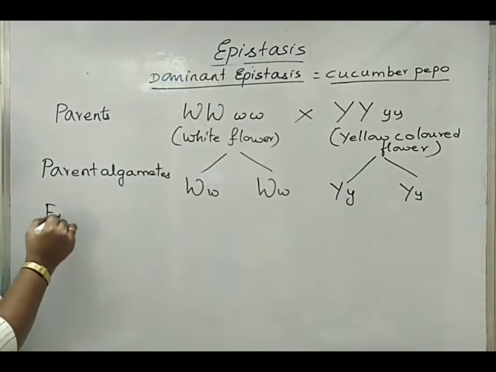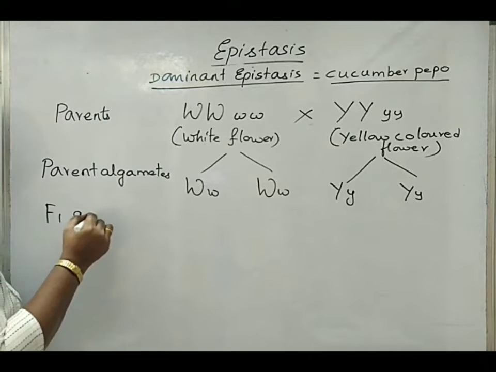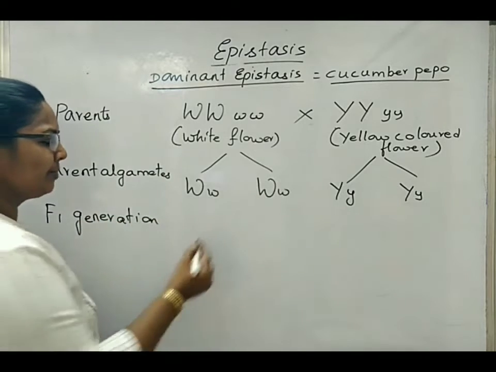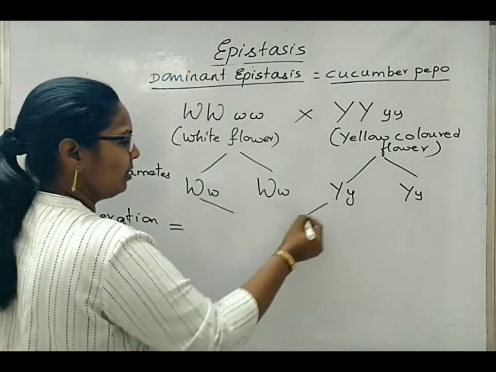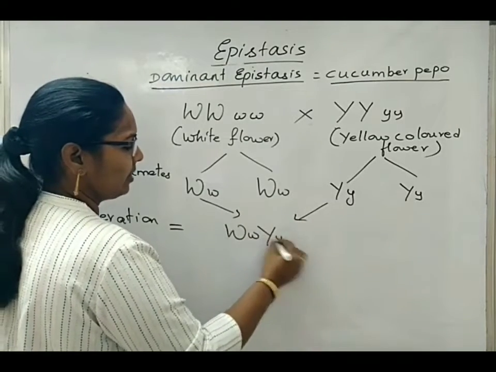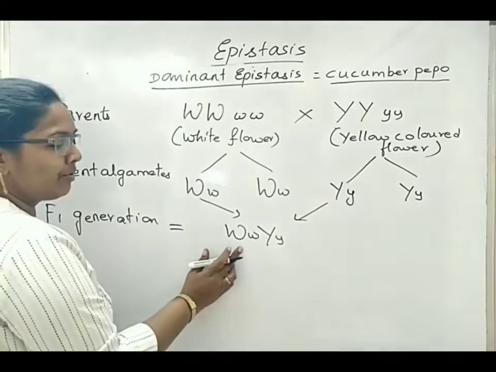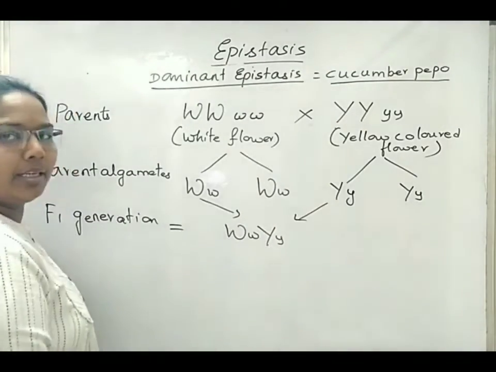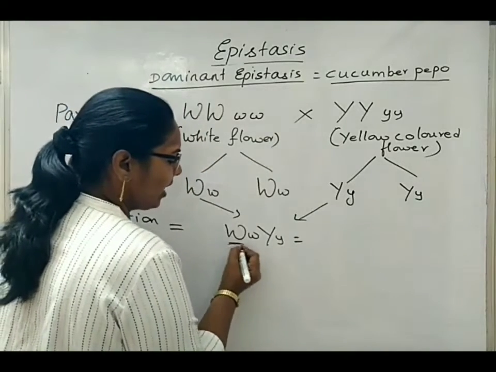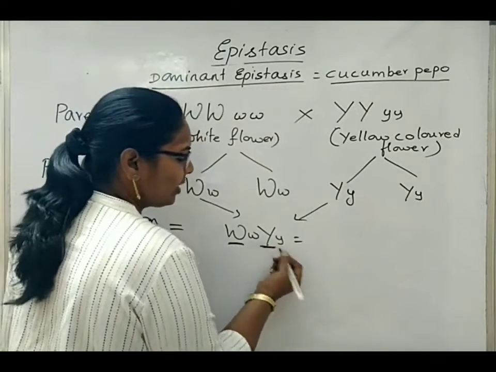When we do the F1 cross to get the F1 generation, how does this get fused and appear? If these both are fused, then we get one offspring like this, which is having different types of allele mixtures. Since here one dominant allele form is there, another dominant allele form is there.